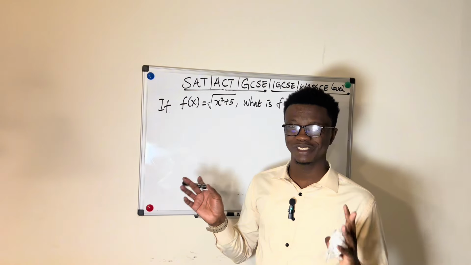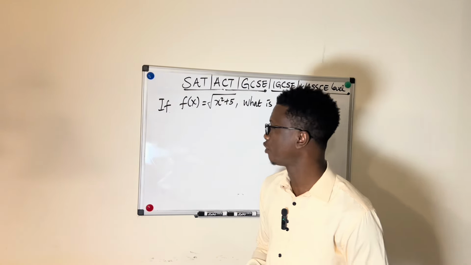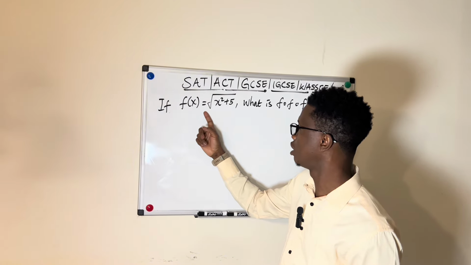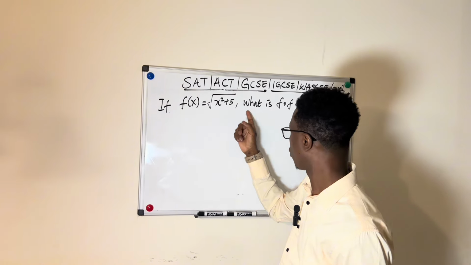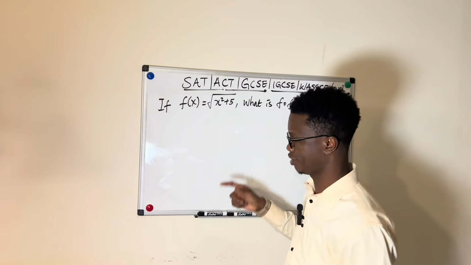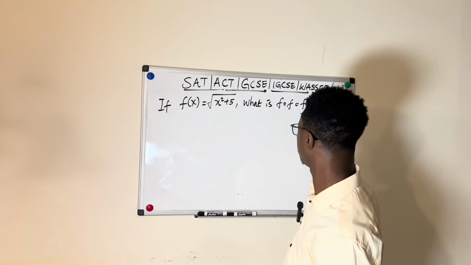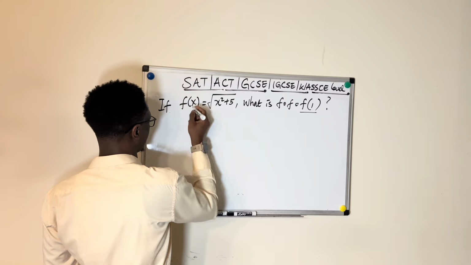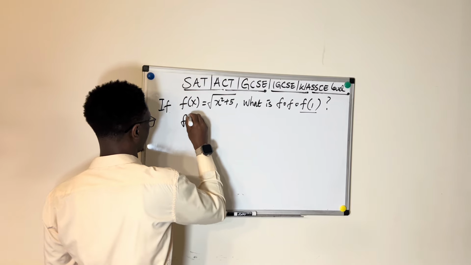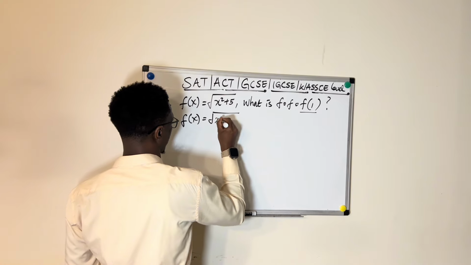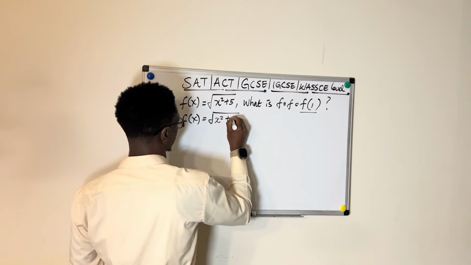Let's solve example 4. It says if f of x is equal to root of x squared plus 5, what is f of f of f of 1? We start with the innermost one. We are given the function f of x as root of x squared plus 5.